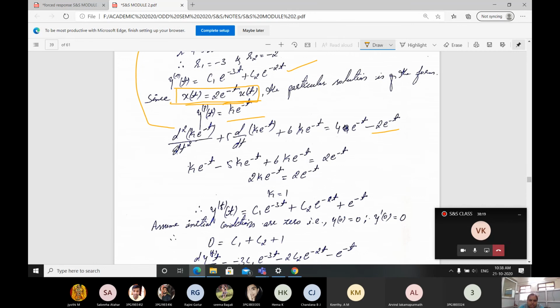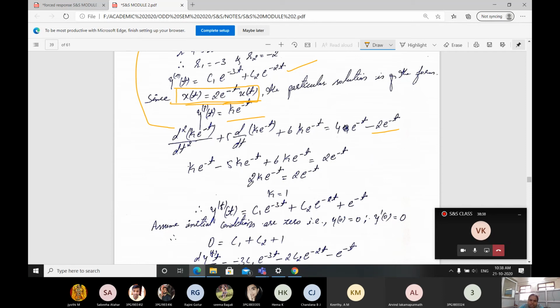Do the differentiation here twice, here once. After differentiation you will be getting k into e raised to minus t minus 5k into e raised to minus t plus 6k into e raised to minus t, that is equal to 2 into e raised to minus t. 4 minus 2 will get 2 only.